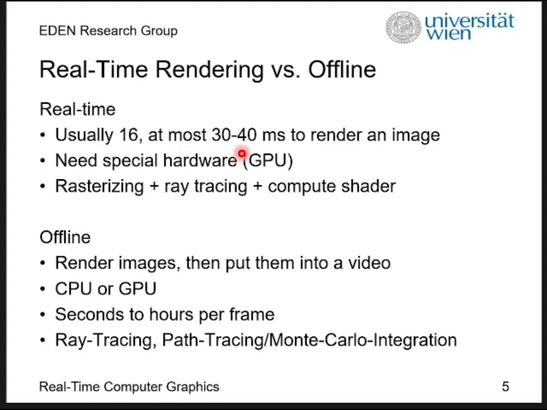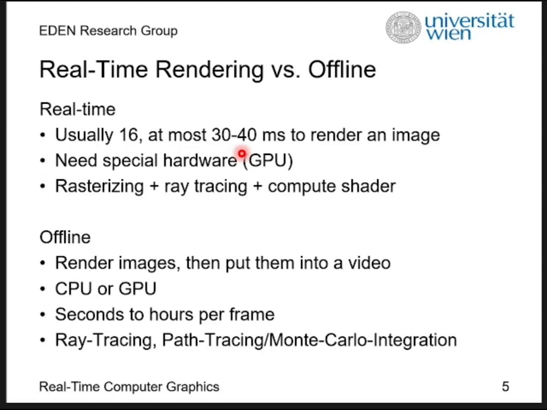And there you would have seconds or even hours per frame. Usually you would do this on a CPU even. Nowadays, of course, you would have GPUs also and rely very much on them. And of course, because we're talking about movies and cinema and people would pay for that, you would really want to have the best possible quality, and that is mostly ray tracing or path tracing. So you get the best possible visual fidelity out of that.